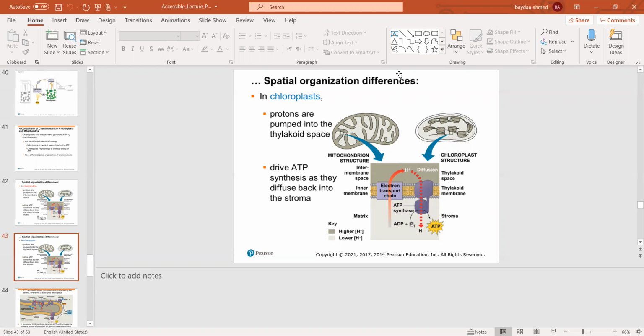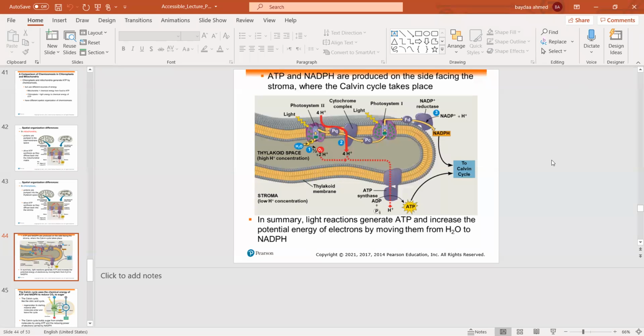Energy from light excites an electron from chlorophyll, which is transferred to the primary electron acceptor in photosystem 2.